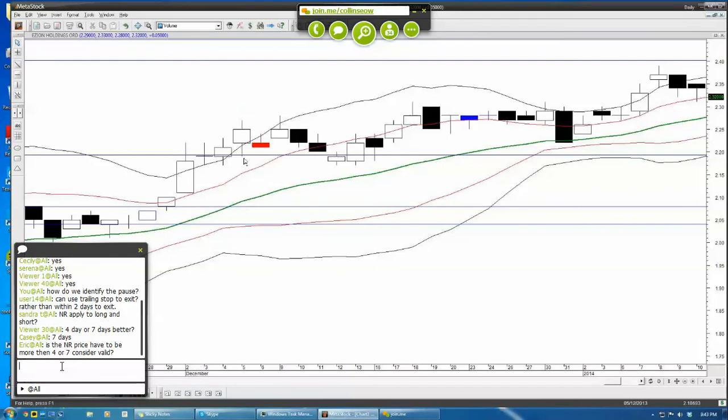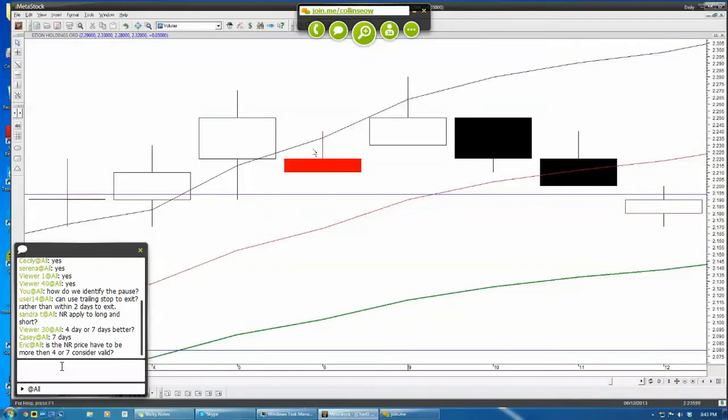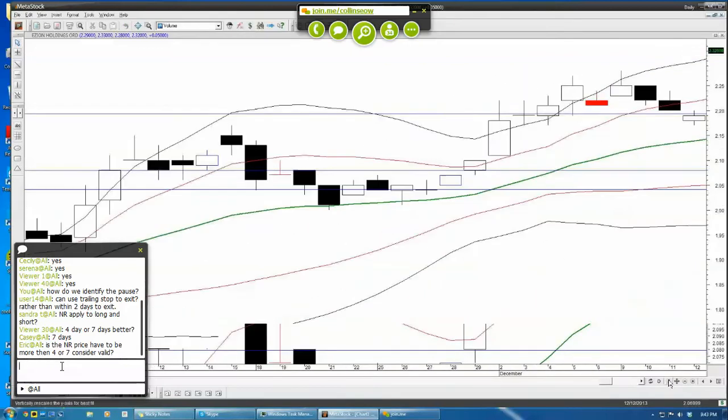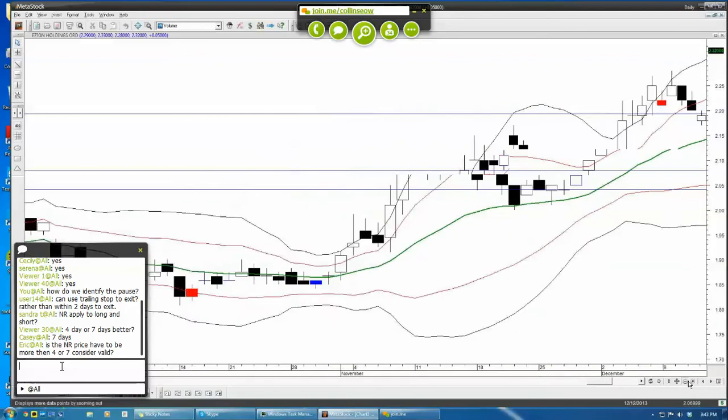Does it make sense? So this whole candle will be inside the previous candle. The high must be lower than this, and the low must be higher than this. So it's called an inside day. NR4 must be combined with an inside day. For NR7, no need to combine with an inside day. The trick is like that.